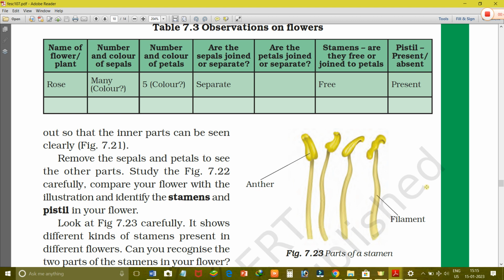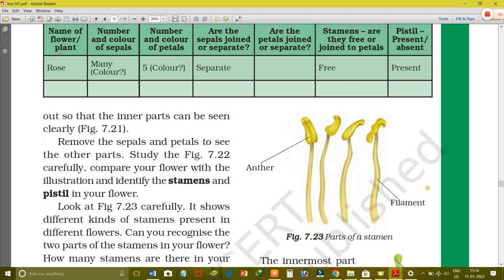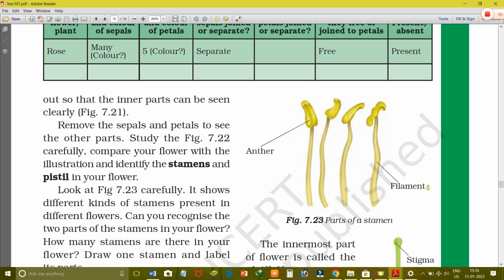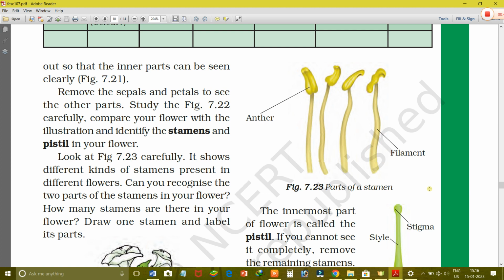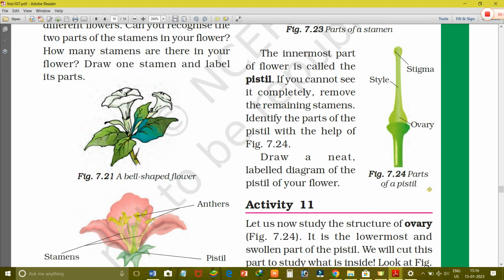It shows different kinds of stamens present in different flowers. Can you recognize two parts of a stamen in a flower? How many stamens are there in your flower? Draw one stamen and label its parts.